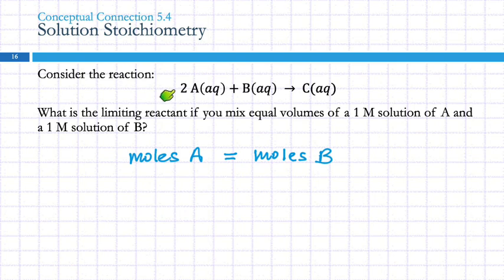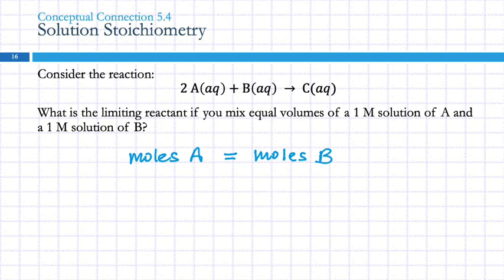In this reaction, which of these do I need more of? I need 2 A's for every B. So which one am I going to run out of first? Not B. I need 2 of the A's for every 1 B. Yeah, it's tricky, isn't it?